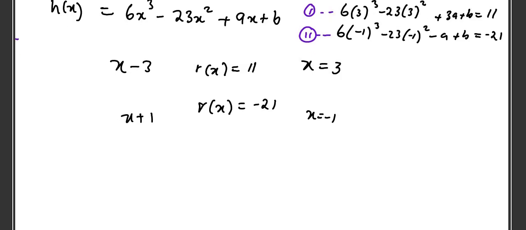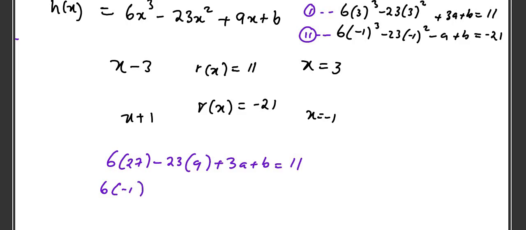So the first one is 6. This is supposed to be a 27 if I'm not mistaken. Then 23, then this is supposed to be a 9, plus 3a plus b is equal to 11. The other one is simply a 6 and a -1.